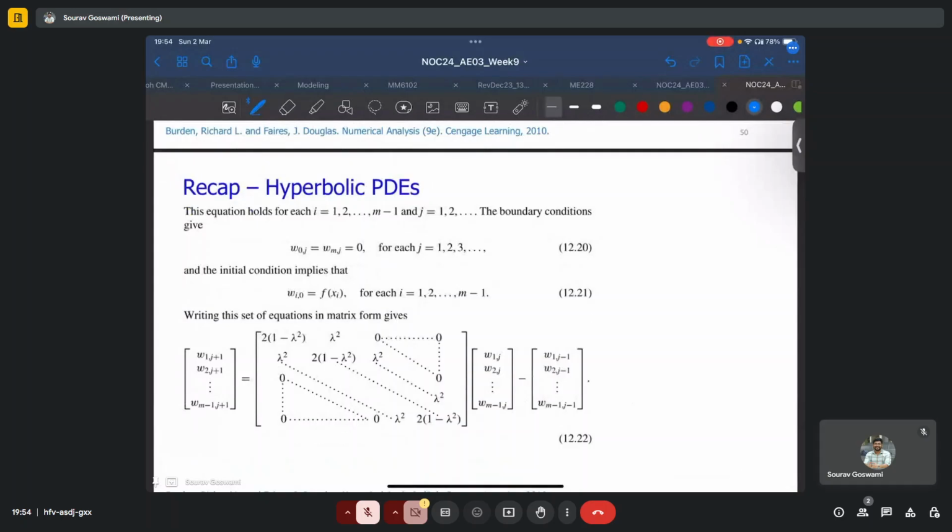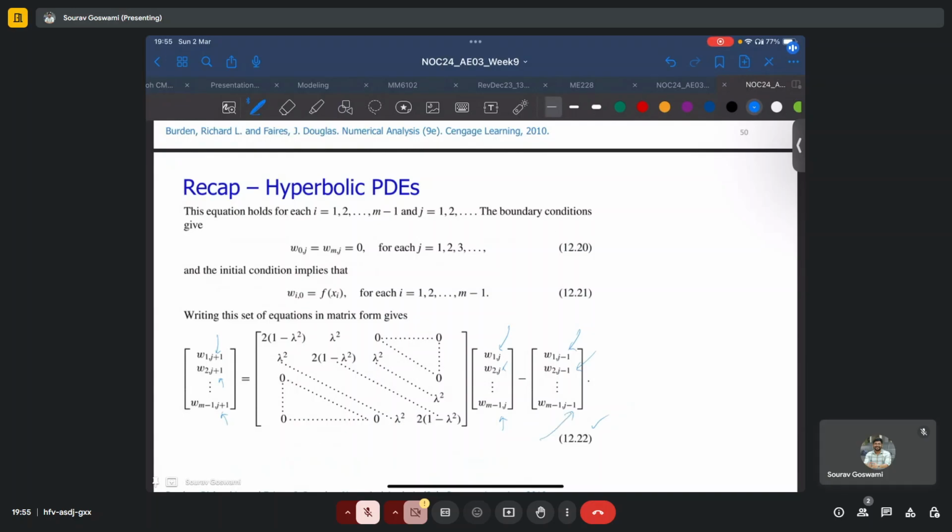The matrix form of the same is also given to us in equation 12.22, where we can see that for solving at the time step j plus 1, as we can see from the matrix on the left, we are making use of the information from the jth time step as well as from the j minus 1th time step. So we must have information of two prior time steps.